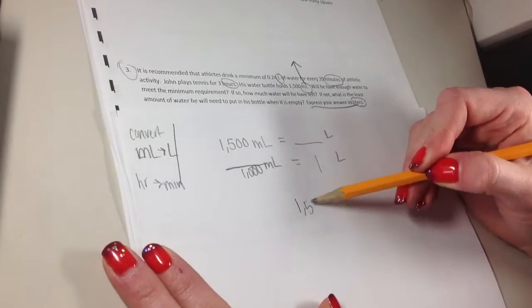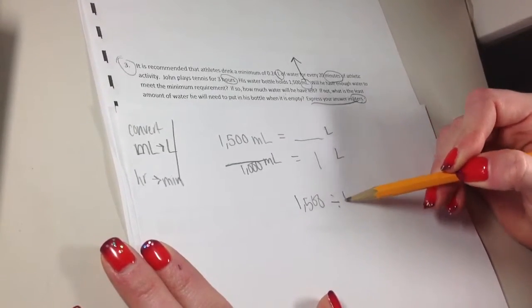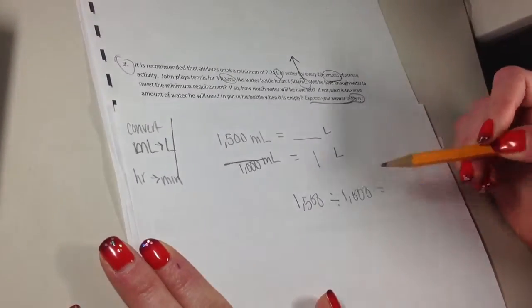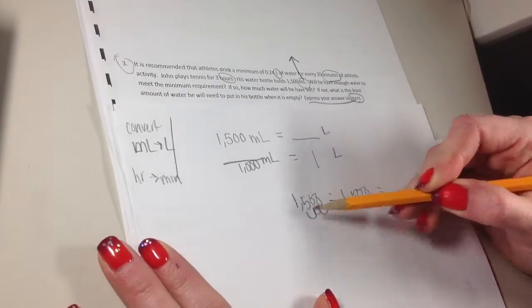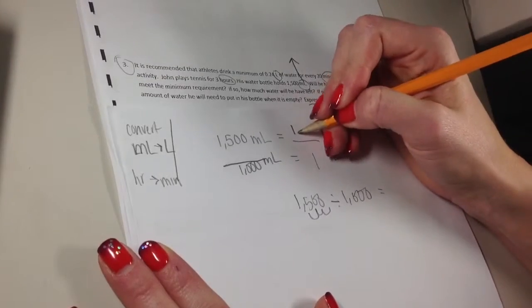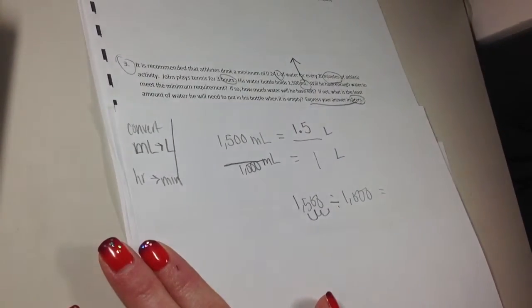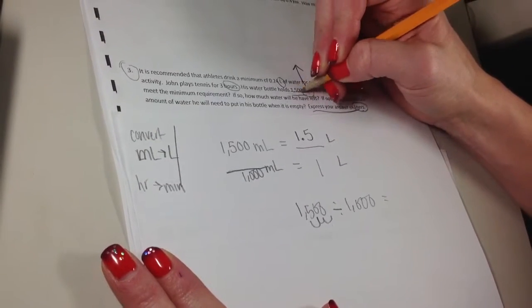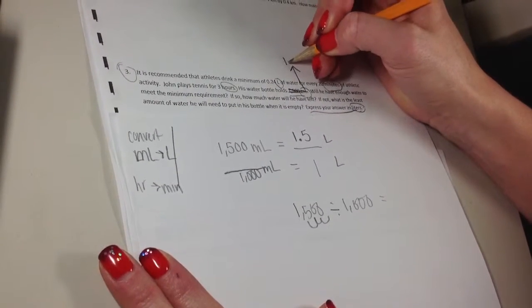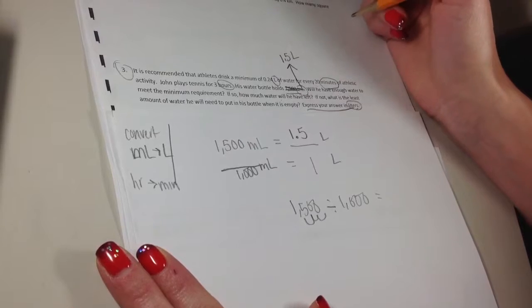So I have 1,500 divided by 1,000. I know I can just move that decimal 3 places. 1, 2, 3. And I have 1.5 liters. So I can take this measurement here, cross it off, and turn it to 1.5 liters.